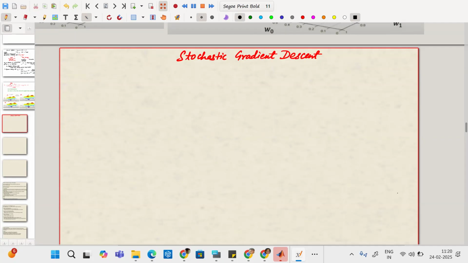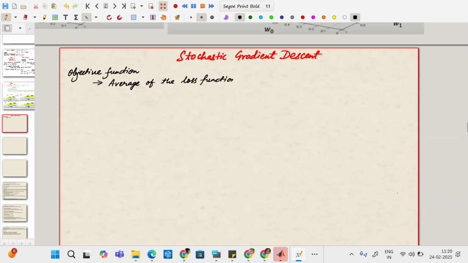In deep learning, you do that usually. That is equal to the average of the loss functions for each example, or sample, in the training data set.